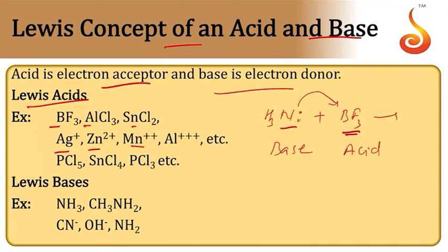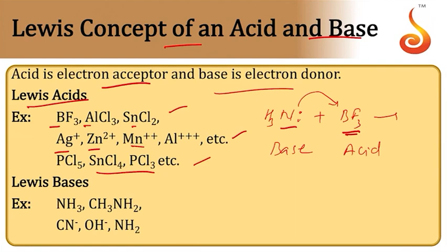And molecules which can expand their octet: they may have an octet or more, but if they are in a position to expand the octet further, they also take electron pairs, hence act as Lewis acids. So molecules which do not have an octet, which have vacant orbitals, which can expand the octet, come under Lewis acids.